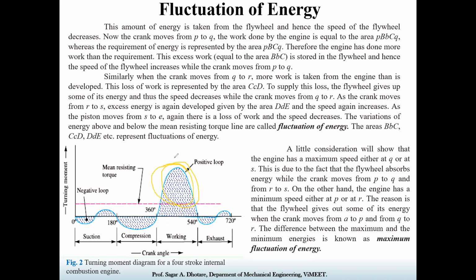This is the power stroke. You can look at the various sections of the stroke: suction, compression, then working, that is the power stroke, and the exhaust stroke. So this line is the mean line, and above it the excessive power has been generated, and that power needs to be stored.